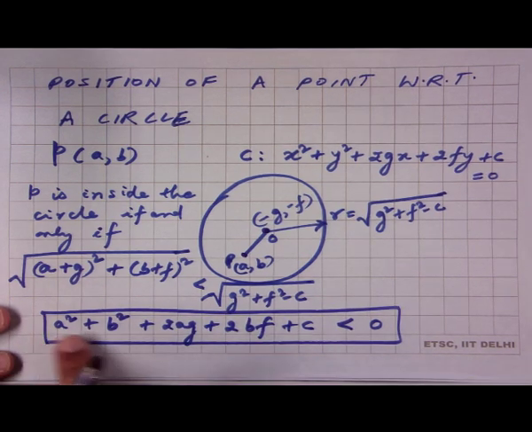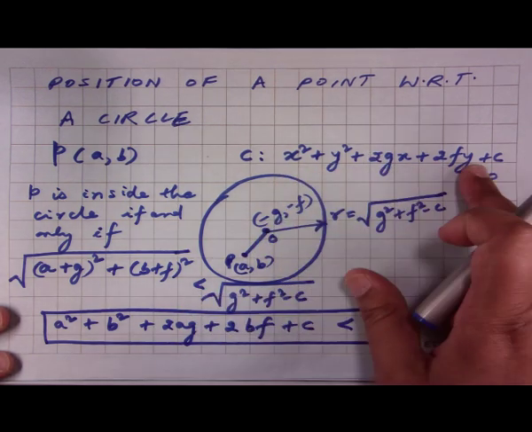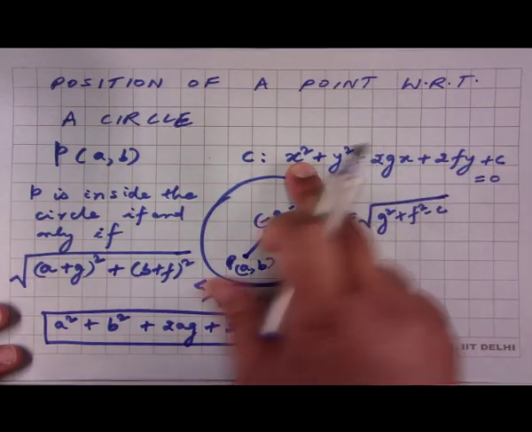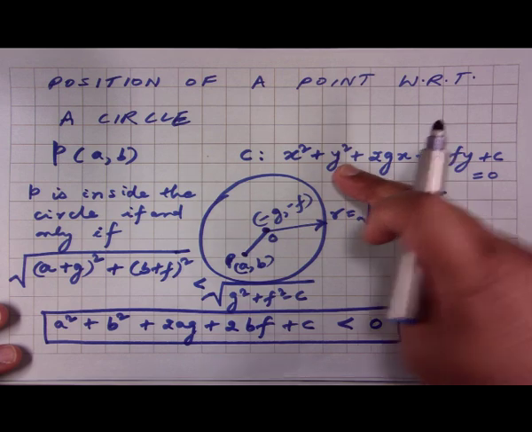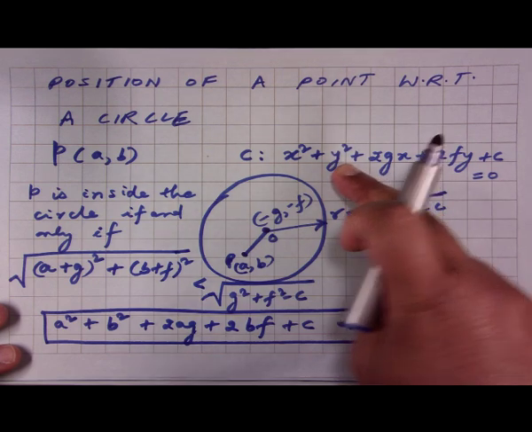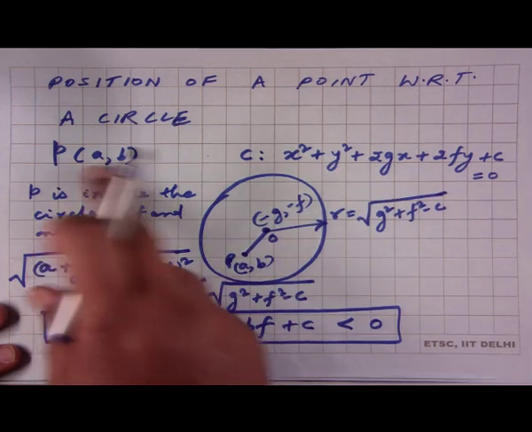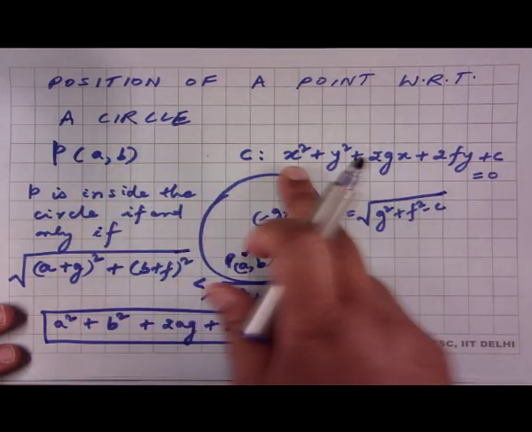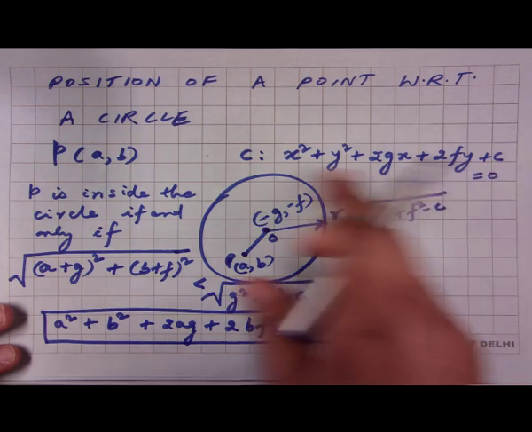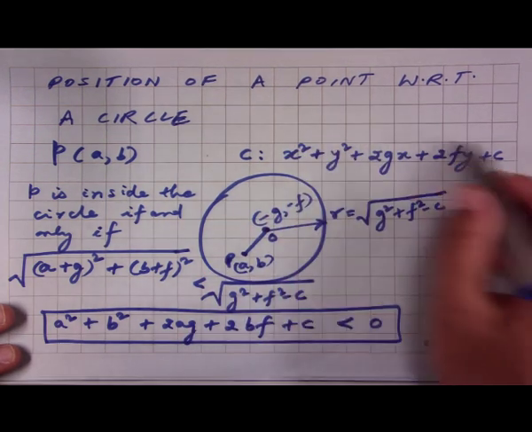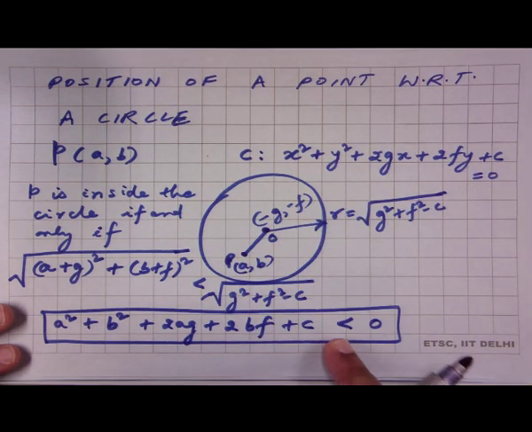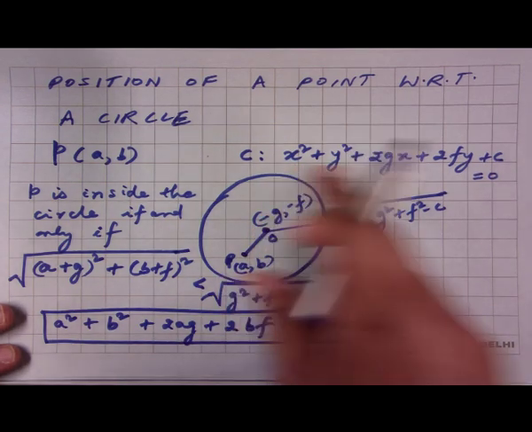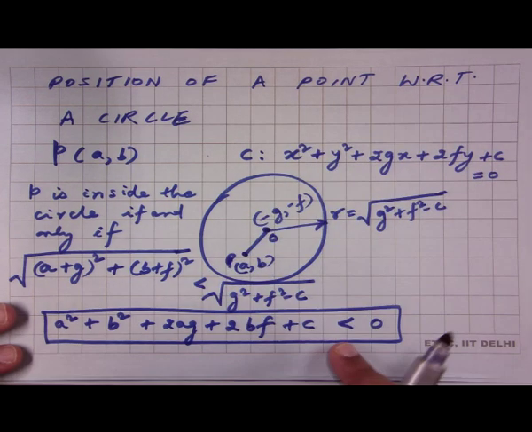But if you see, this left hand side is nothing but this second degree equation here with x equal to a and y equal to b. So, to check if the point is inside, we just replace x and y by the coordinates a and b respectively, and then check if the value that we compute is less than 0.